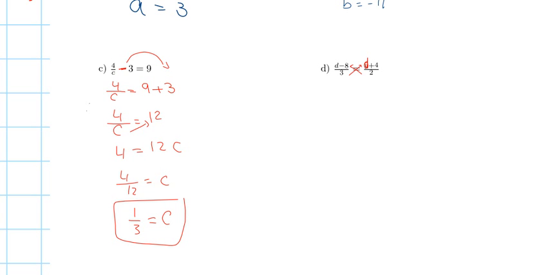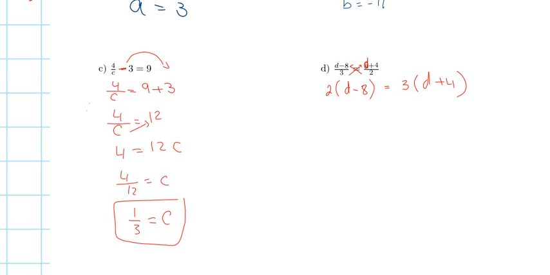Have you heard of that before? Have you seen that before? So we cross multiply. I have division on both sides, so I multiply this by 2 and I multiply this by 3. So that's going to be 2 times d minus 8 equals to 3 times d plus 4.